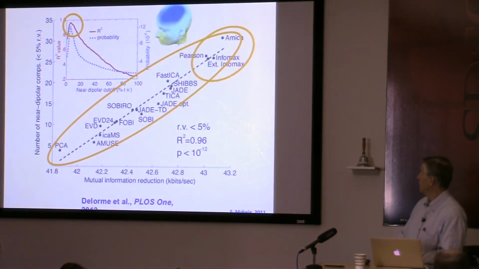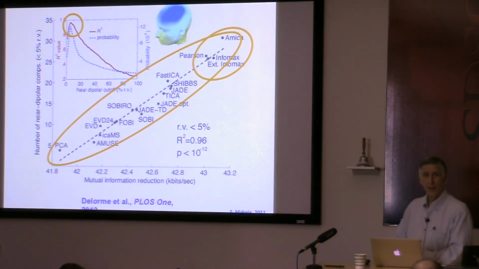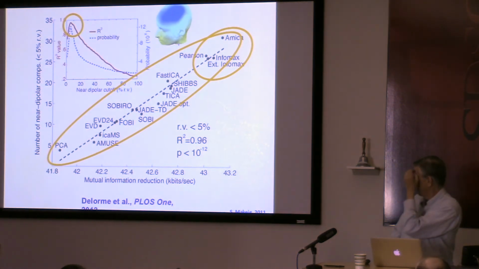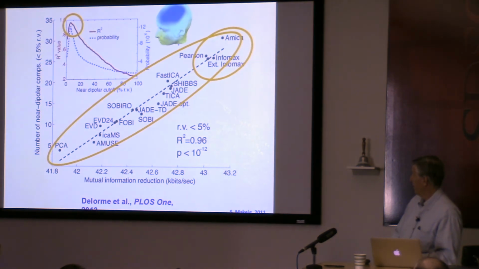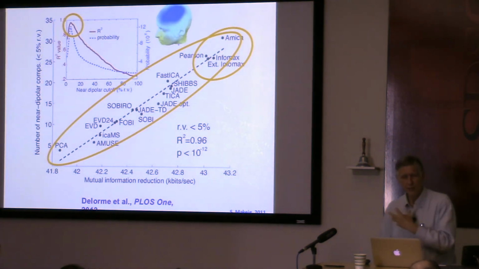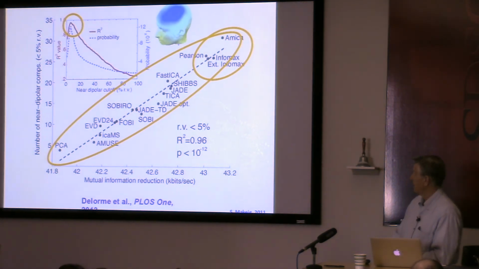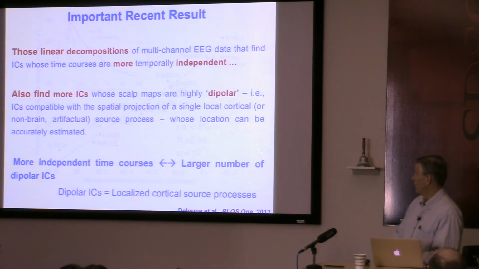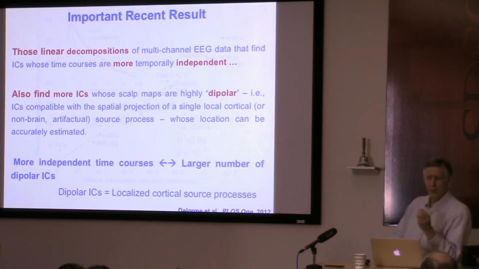So luckily, we'd started here, and so we don't have a reason to change our approach. Although the results of these other algorithms are not incompatible with ICA, they're just not as fruitful as AMICA. So the more independent the time courses, the larger number of interpretable and functionally independent components, processes you isolate.